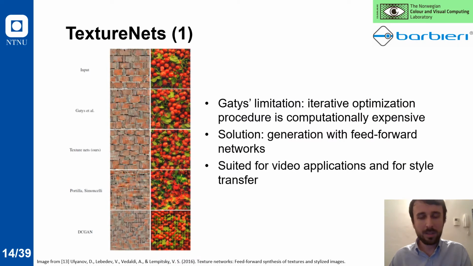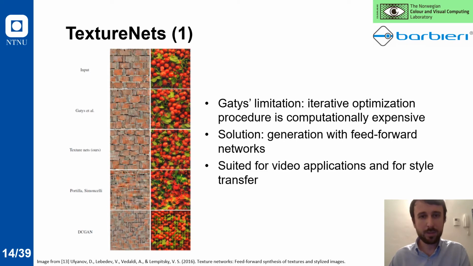So Ulyanov and colleagues in 2016 tried to improve Gatys' approach. The main limitation of Gatys' algorithm and method is that the iterative optimization procedure on which the synthesis and the generation is based is computationally quite expensive.